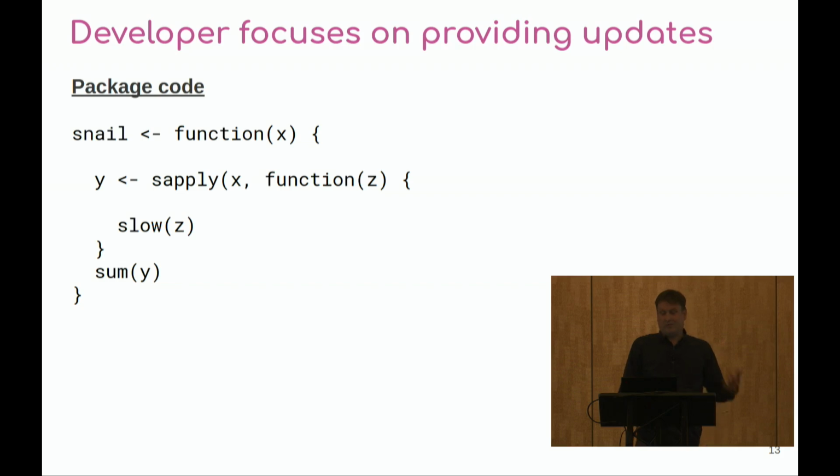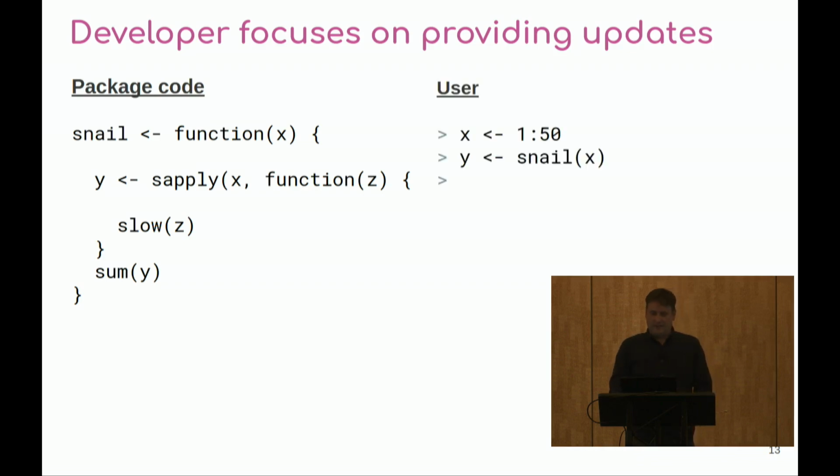So how does this work? Another toy example called slow_sum. This is basically just doing an sapply, calling a slow function on each element of the x vector. And at the end, it sums all those results together and returns. So if the vector x is 50 and slow takes 1 minute, it's going to take 50 minutes.